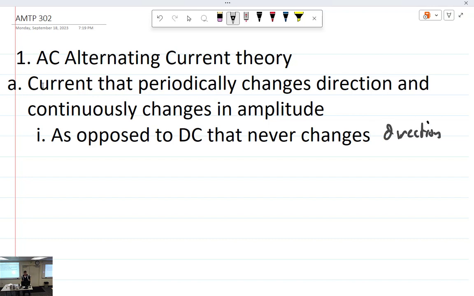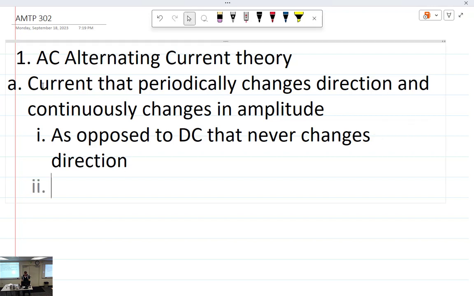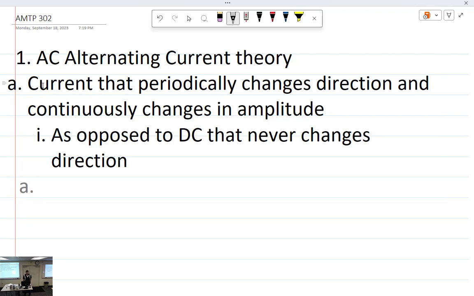I'm just going to leave it with direction. Never changes direction. That's more accurate. All right, so it's like AC is grabbing the shoulders of the electrons and shaking them? Yes. Oh, that should be B. So there we go. B.